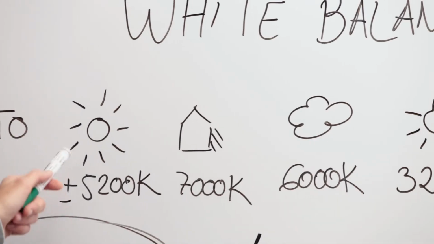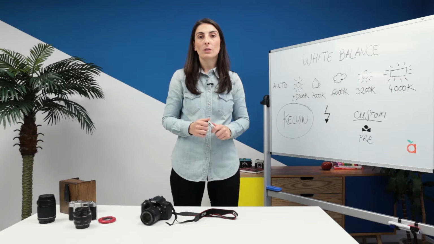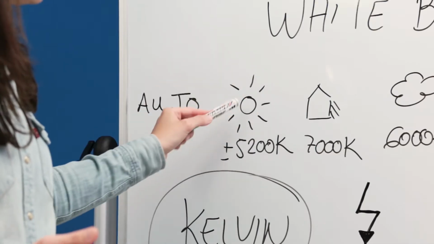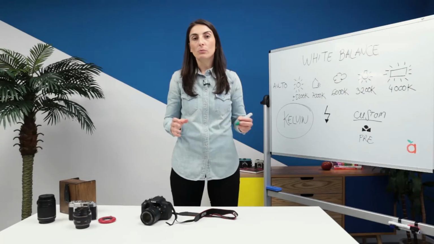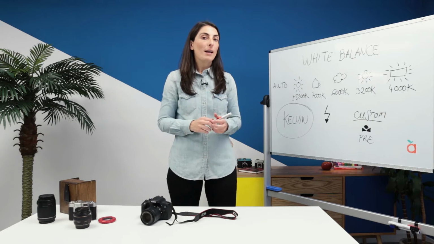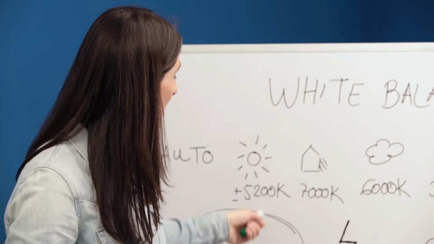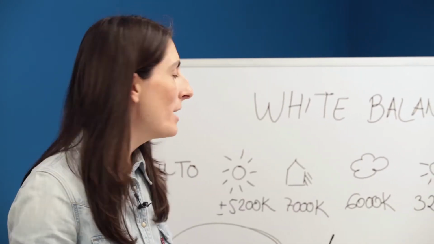For example, the sun is useful for taking pictures with white or neutral light. Within the scale, this neutral light has a value of 5000 or 5500 Kelvin.